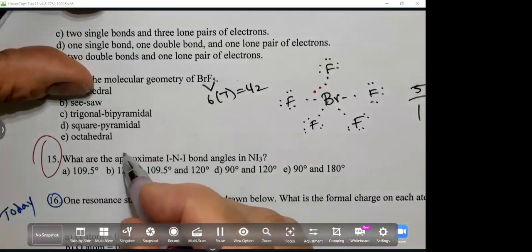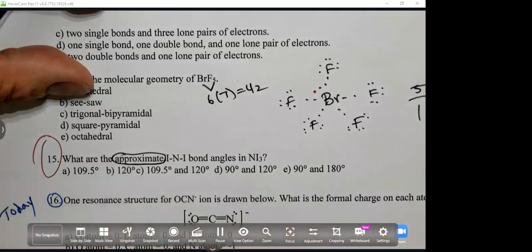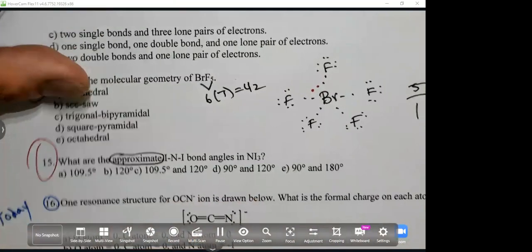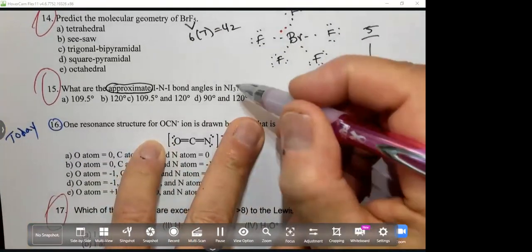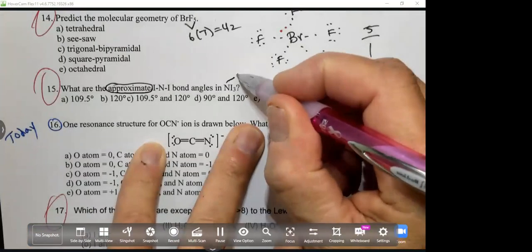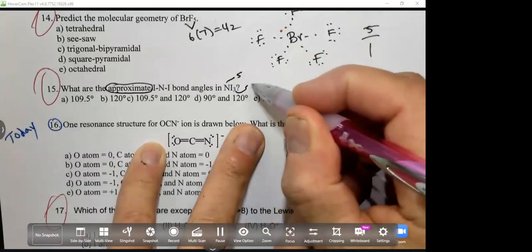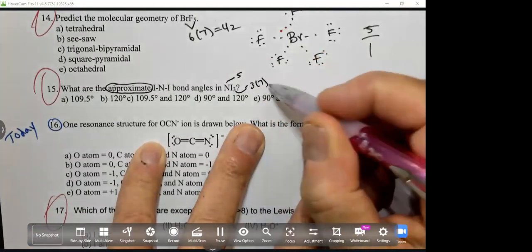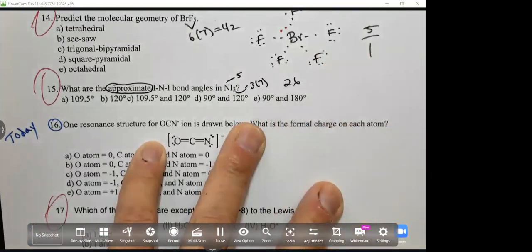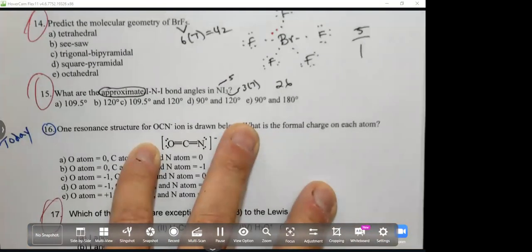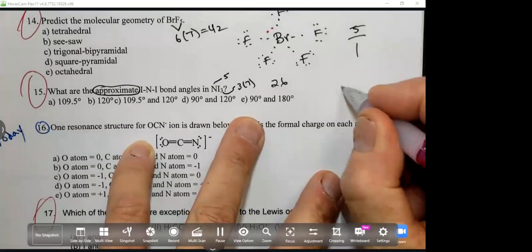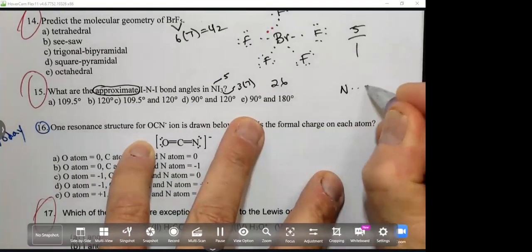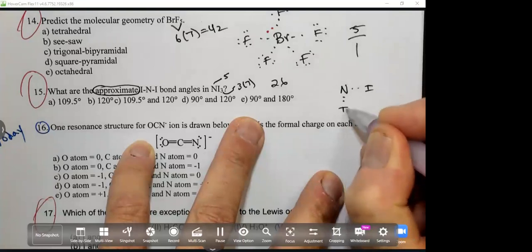Now, notice the word approximate on 15. So if you have NI3, this will be 5 valence electrons. 3 times 7, 21. You got 26 valence electrons, huh? So with 26 valence electrons, and the iodines.